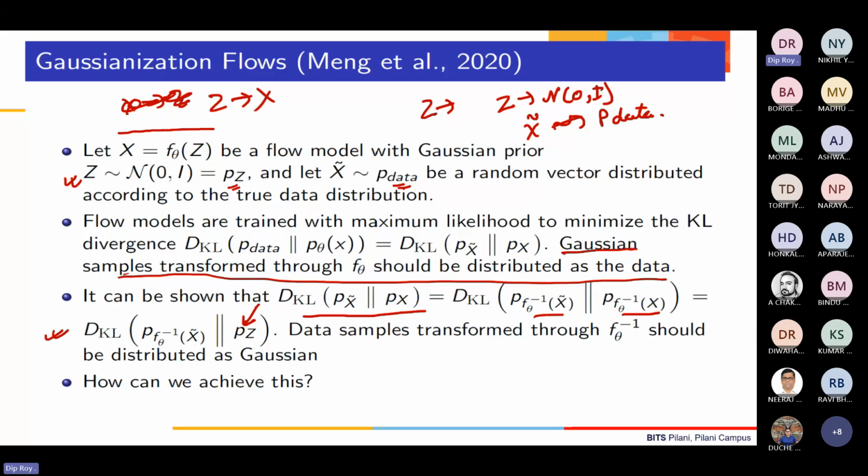Can we say that the samples we generate from the true distribution and to which we apply the inversion are also Gaussian in nature?